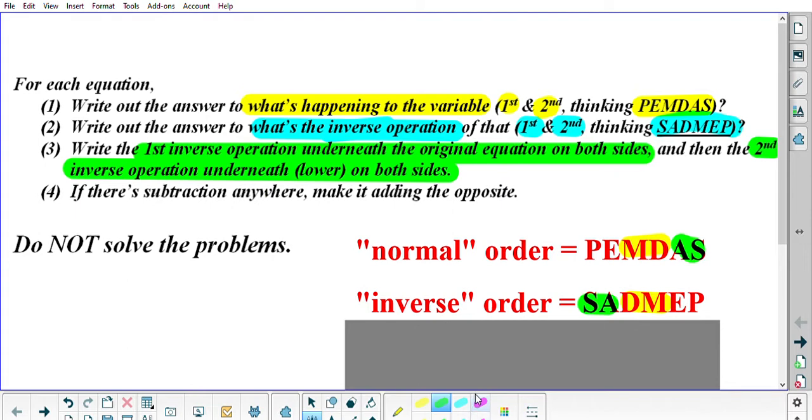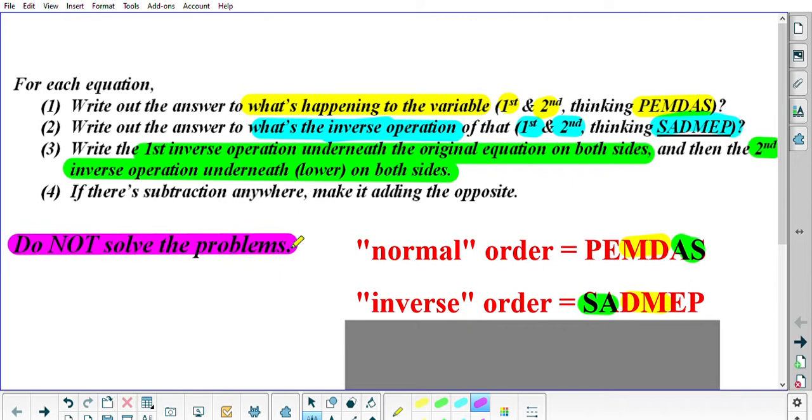Now, here's what's special about today's problems. We are not going to actually solve the problem. So we will not actually get answers, so to speak. We will not work down and actually do the addition, subtraction, multiplication, or division. We will do that the next day when we do guided notes. The reason I'm doing this where we're not solving today is because I want you to focus today on just the new concept.